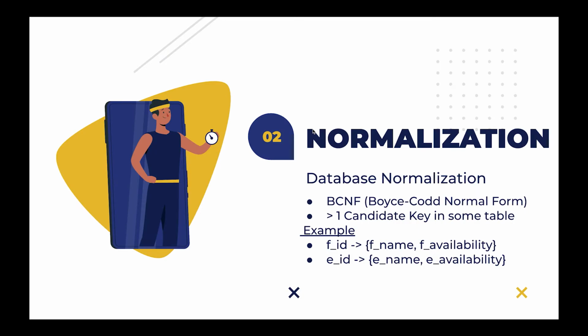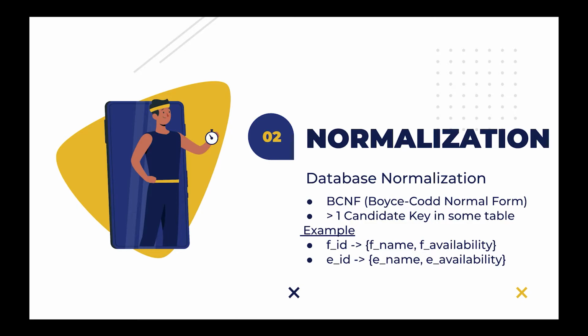So next, let's talk about database normalization. Our database is in BCNF, or Boyce-Codd normal form, because there is more than one candidate key in some tables.